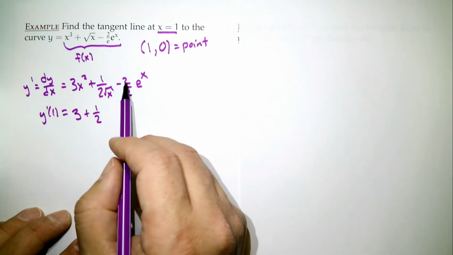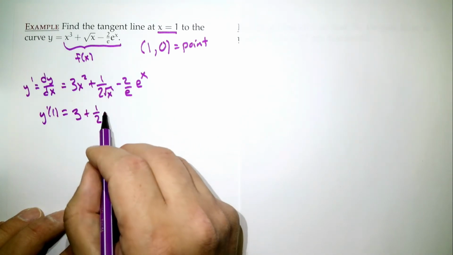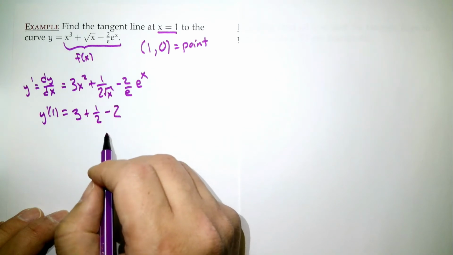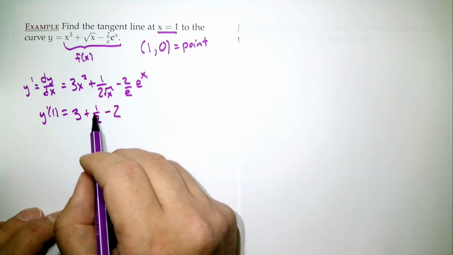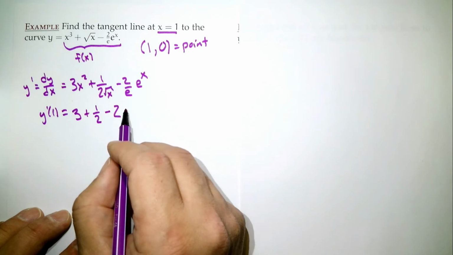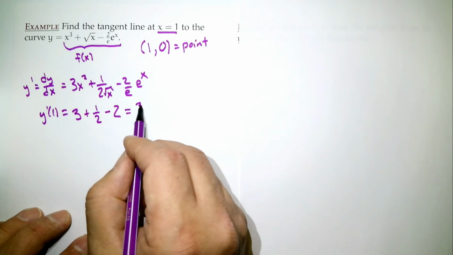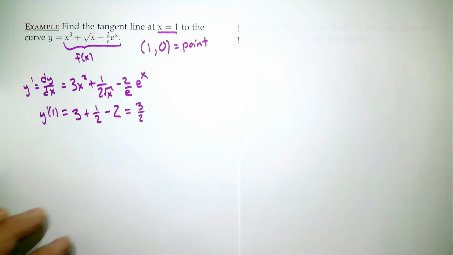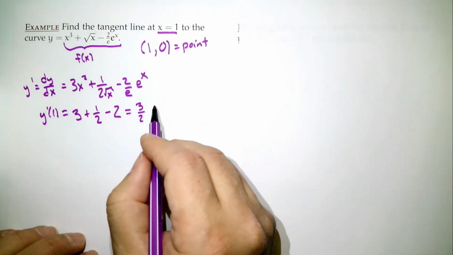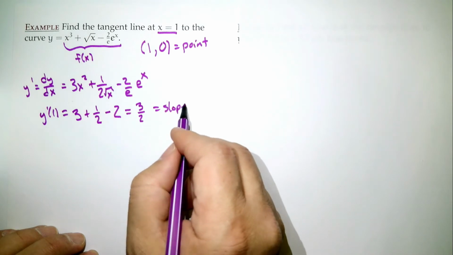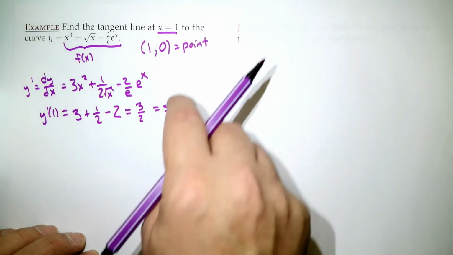Then we have minus 2 over e times e to the 1, well, it's minus 2. So 3 plus a half minus 2 for a grand total of 1 1/2 or 3/2. So this is our slope. So once we've evaluated, we have our point and we have our slope.